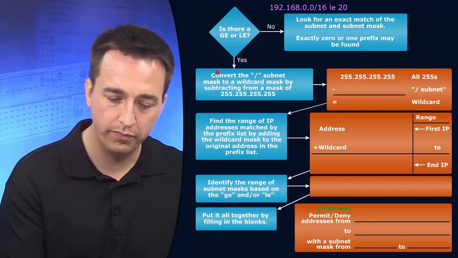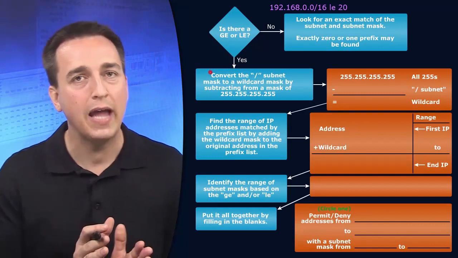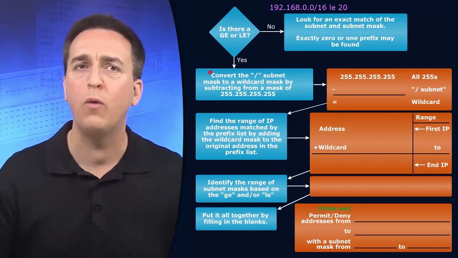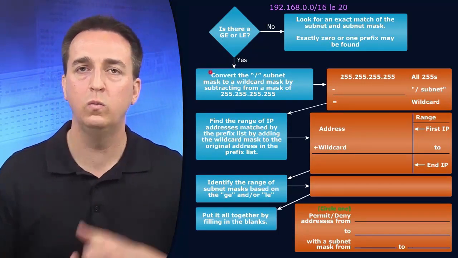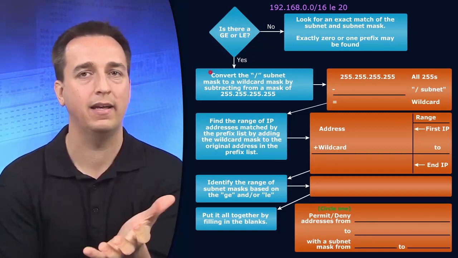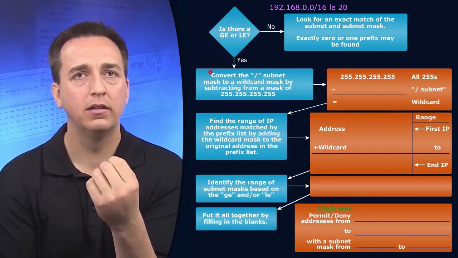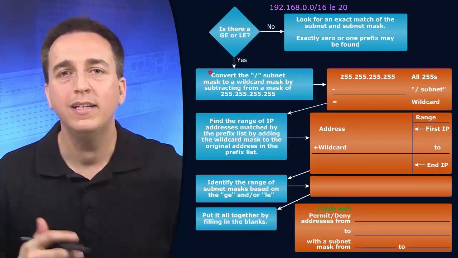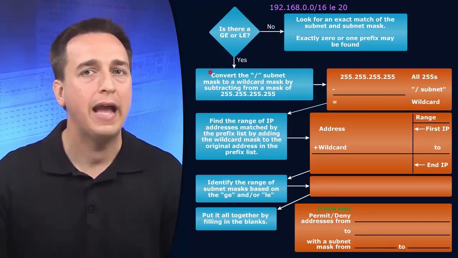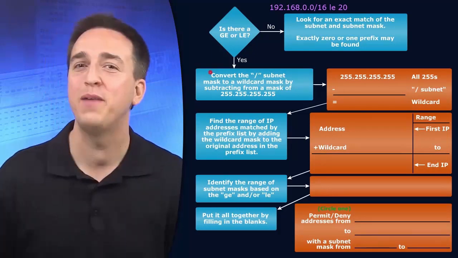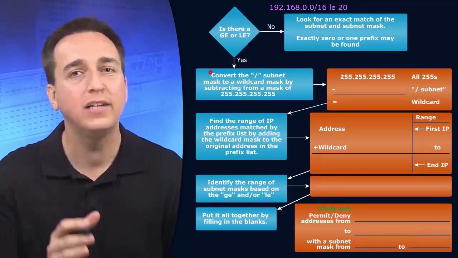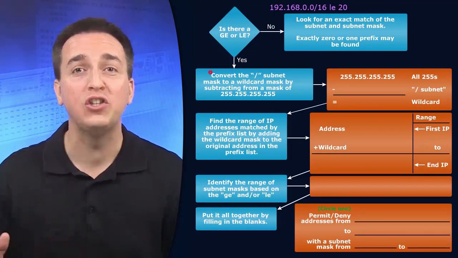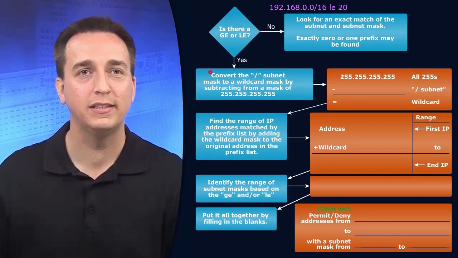So let's go down. Convert the slash, so the subnet mask, to a wildcard mask. Wait a second. Why would we do that? Well, in this case, the /16 in the address, folks, is not the subnet mask. That's not what it is. It's going to be the range operator like we have in access control lists.